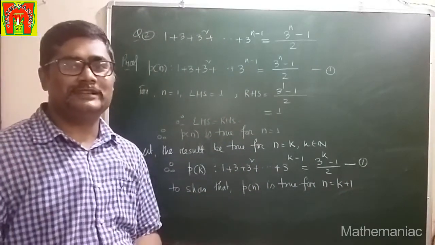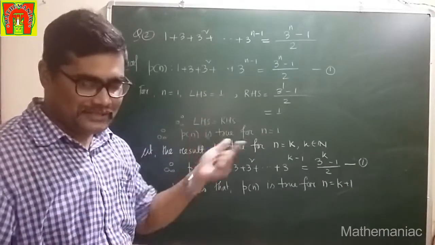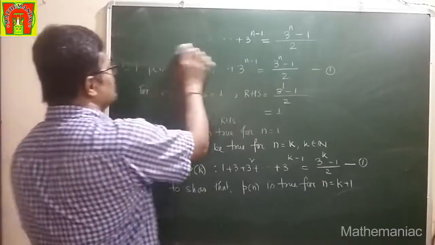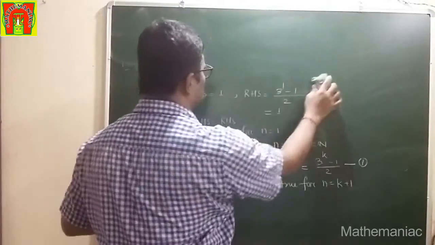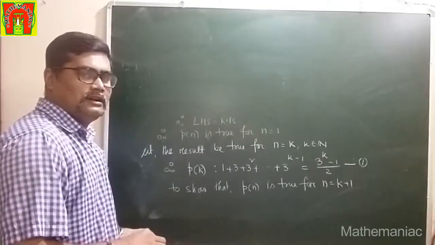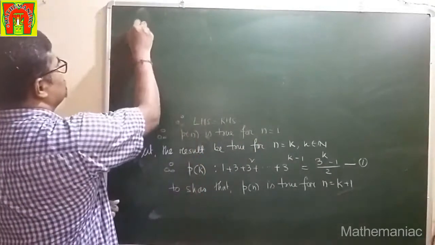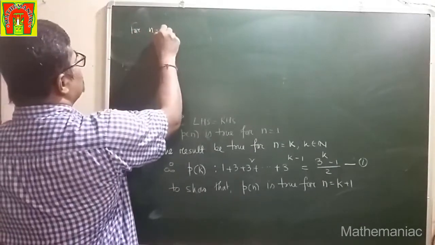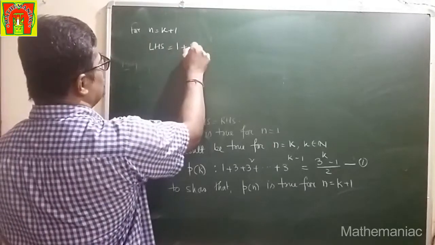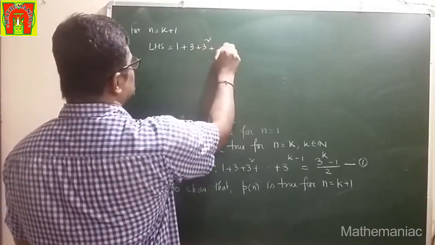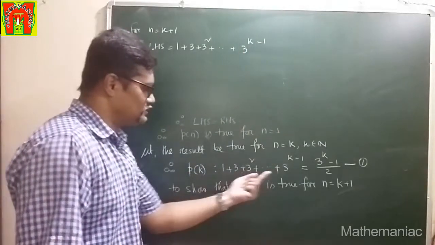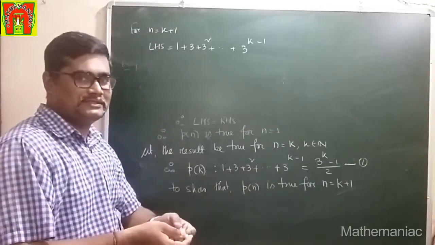Now we have to prove that if n equal to k plus 1, this statement is again true, right? So let's move on to this. It's a very easy problem, right? We have done it for n equal to 1. For n equal to k plus 1, what is LHS? Again I am reminding you, when you write once this particular one, then add one extra term.